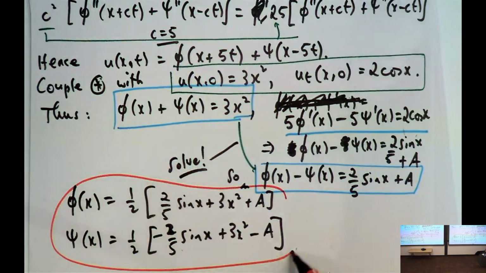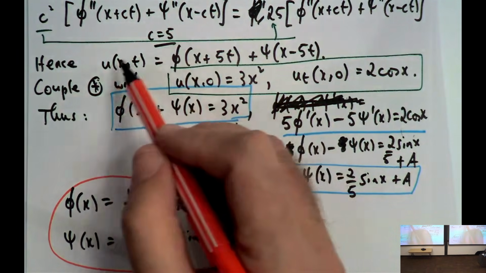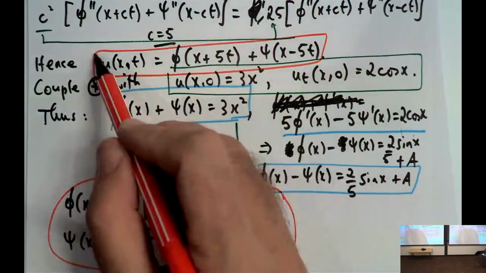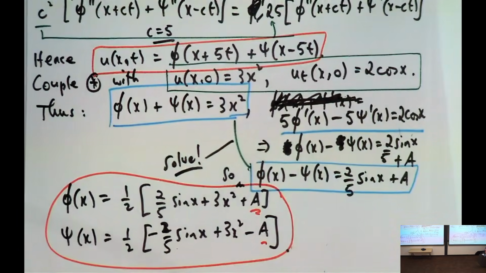Now we're like, well, hang on, what do we do about these pesky A's? Well, do we need to do anything? Does it matter? Let's go back up here. If we go back here and we add this with this, what's going to happen to the A's? They're going to disappear. So you don't need to find the A's, right? The A's are not important.